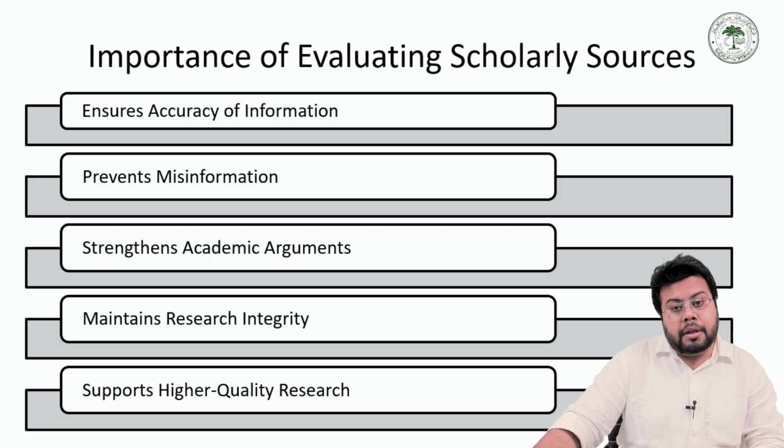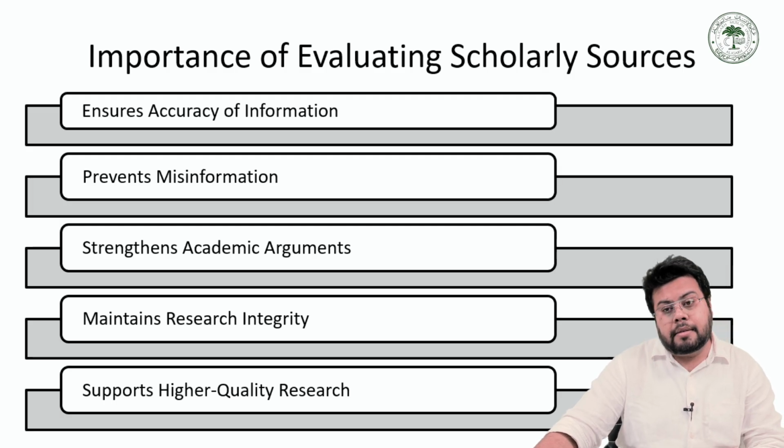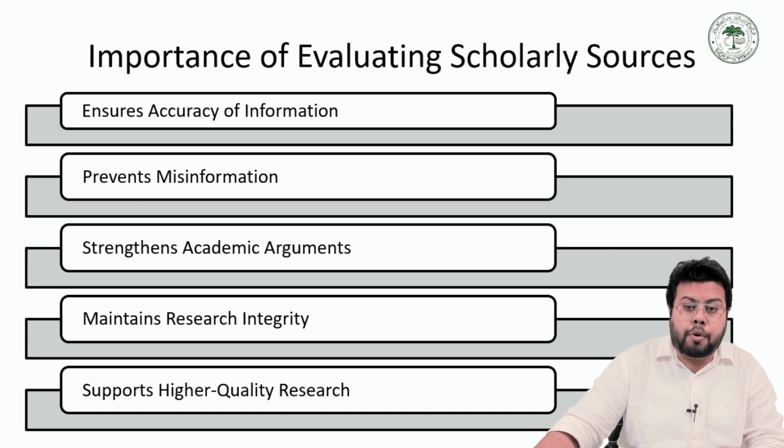Another important point is that it strengthens academic argument. Reliable scholarly sources provide the evidence that underpins the argument, research findings, and expert analysis. These sources help build strong academic discussions supported by authoritative evidence rather than unsupported claims.